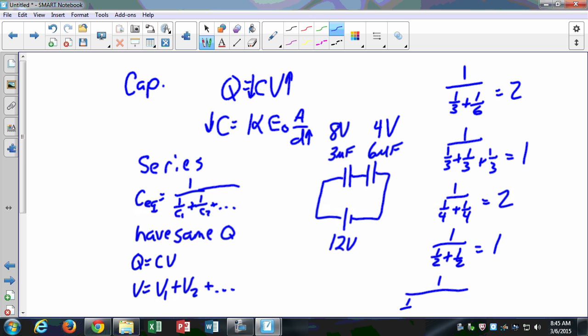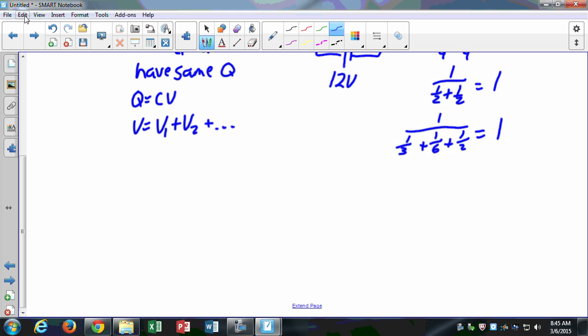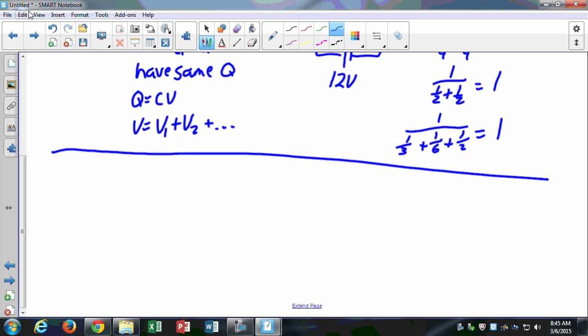And 1 over (1/3 plus 1/6 plus 1/2), that's 4 plus 2 plus 6, yeah, that's equal to 1. So I use these common numbers just to make it a little easier on you, not dealing with decimals and stuff.